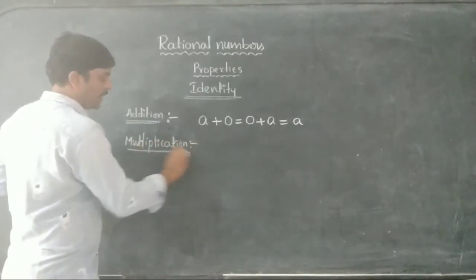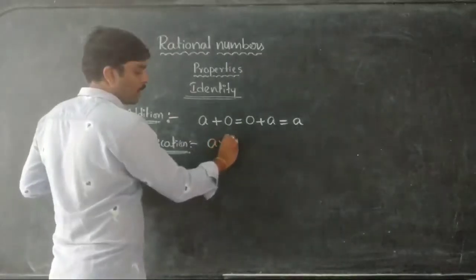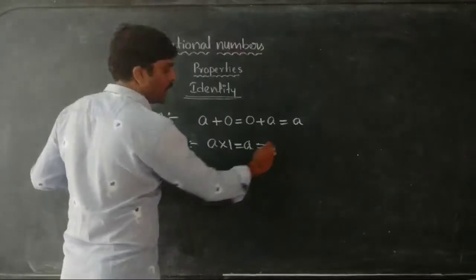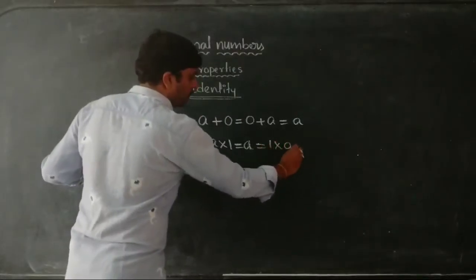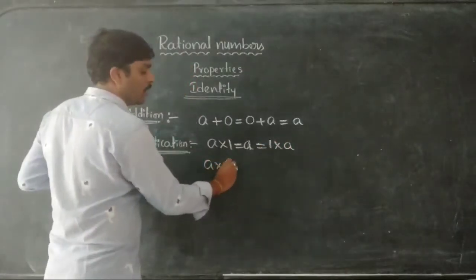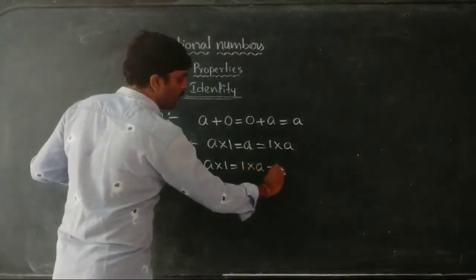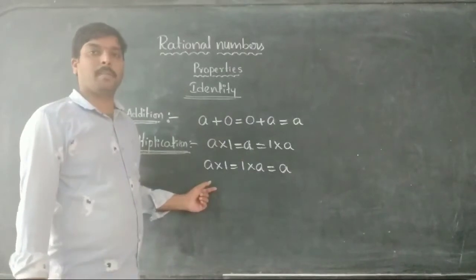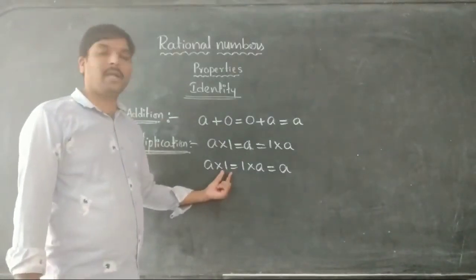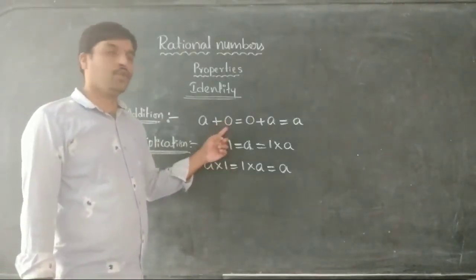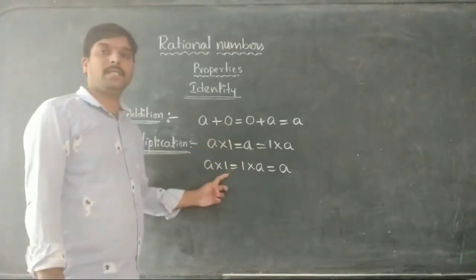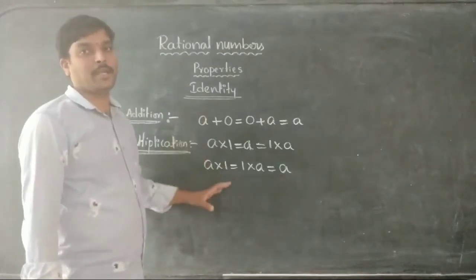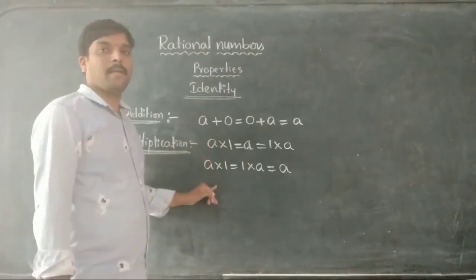Under multiplication, a into 1 is equal to 1 into a is equal to a. This is the identity property under multiplication. 1 is the multiplicative identity element. Here 0 is the additive identity. Okay, this is the identity property under addition and multiplication.